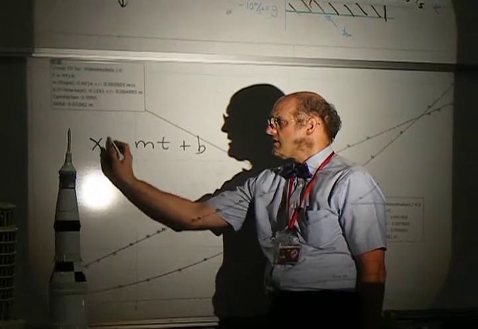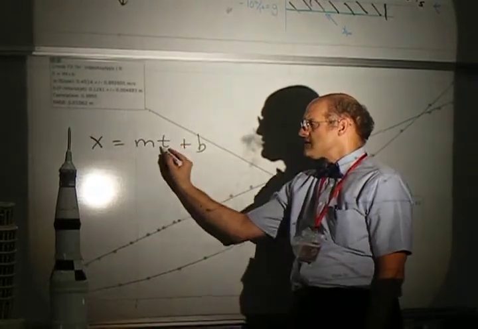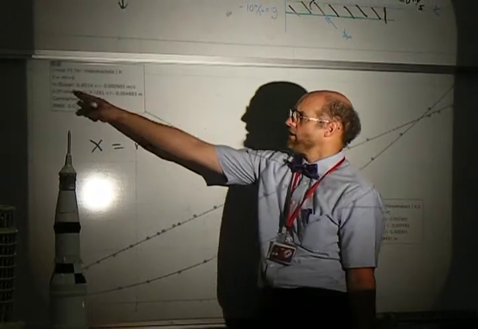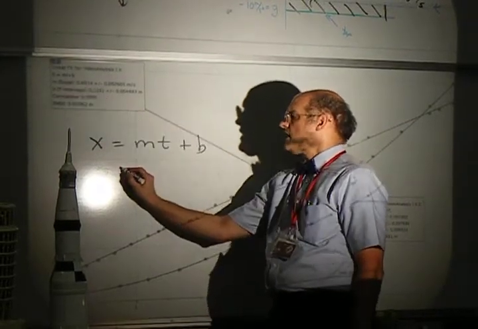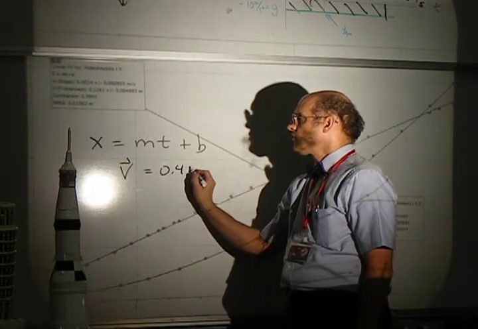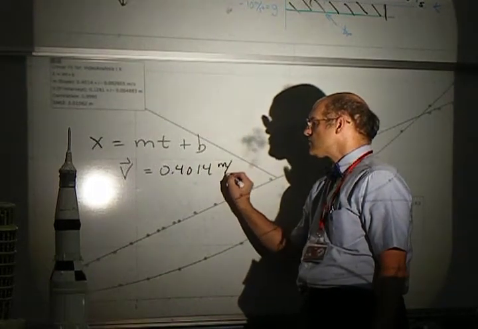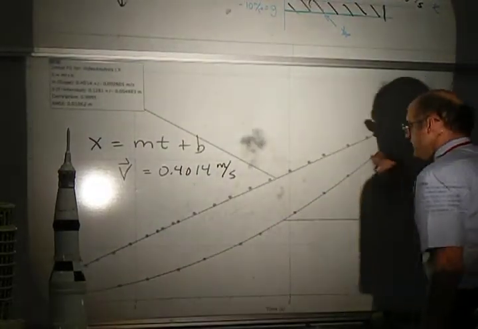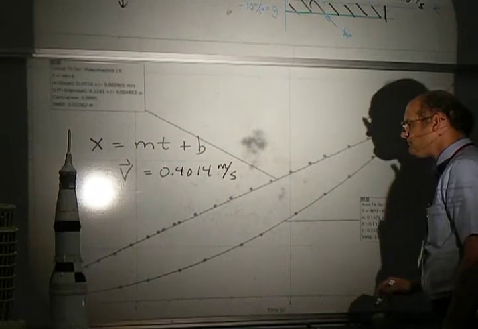So this is the position, this is the time, so the slope would be the velocity. Okay? And it tells us that the velocity here, which is the slope, is equal to 0.4014 meters per second.